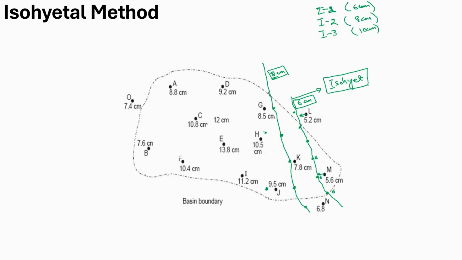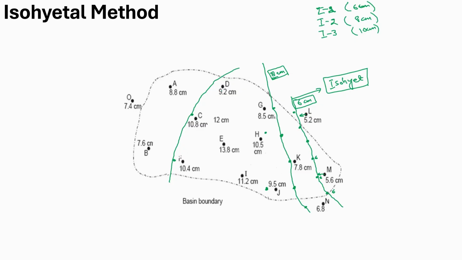And then we will move, see on the left side as well, and here we can see that there is a precipitation of 10.8 centimeter, and here we have 12, so 10 will be somewhere here. And this is 10.4 and it is increasing to 11.2 and 13.8, so 10 will be somewhere here. So we will have a line which will move like this one.